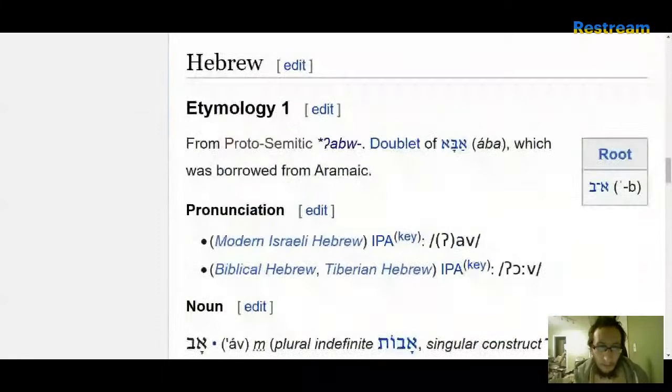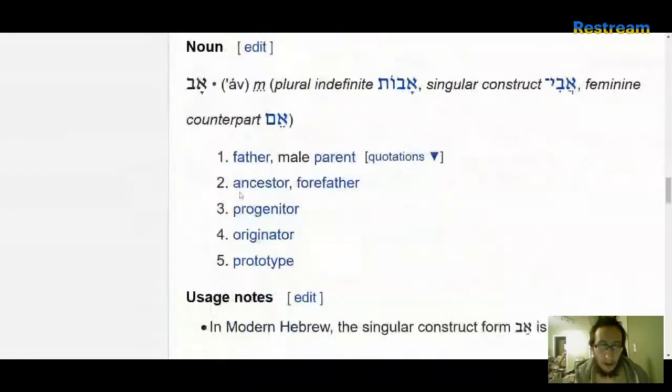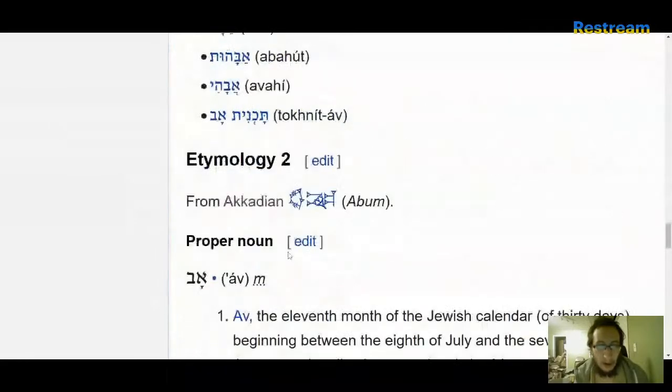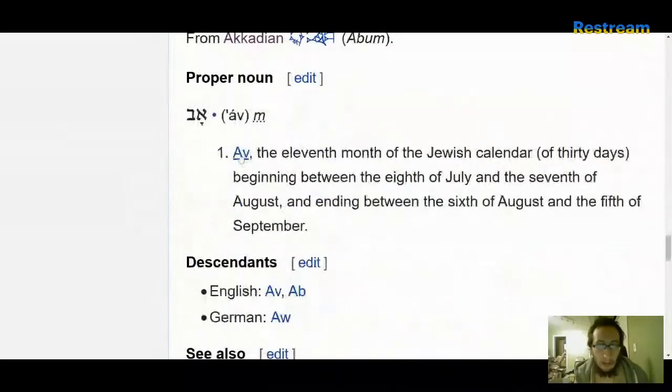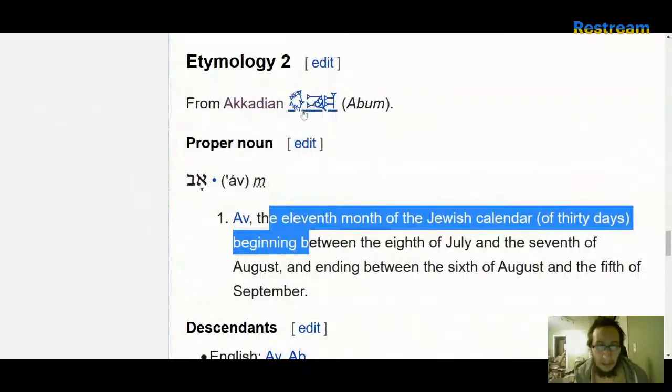I'm going to go back to Wiktionary. So ab, right? So etymology 1, ab, right? But there's etymology 2. Etymology 2 is the month that we said earlier. And that's spelled differently in Akkadian.